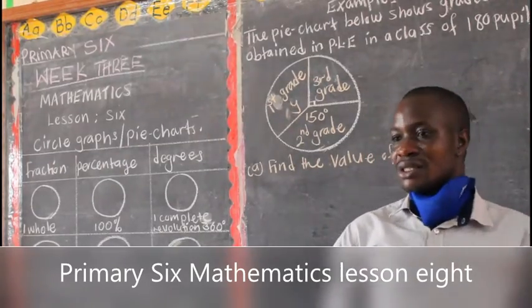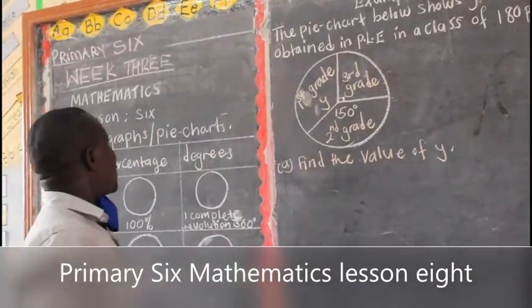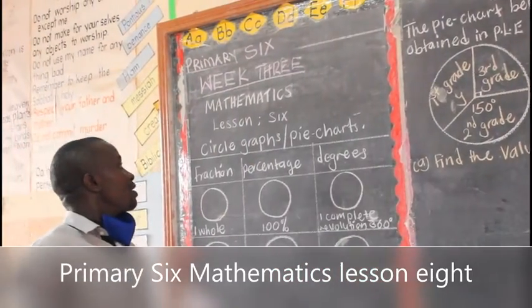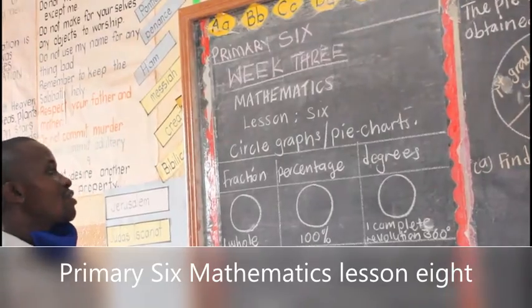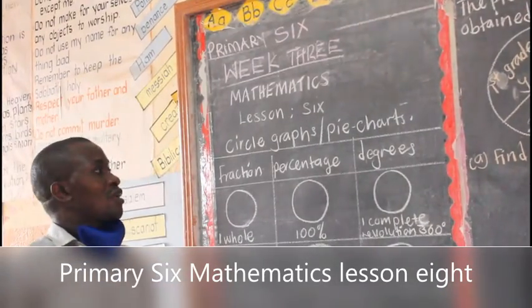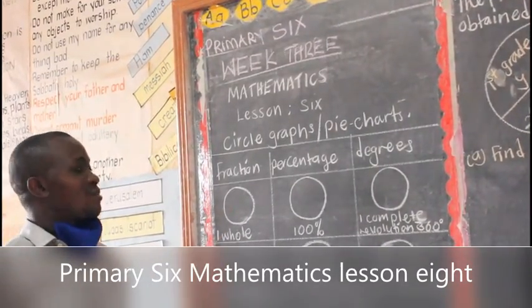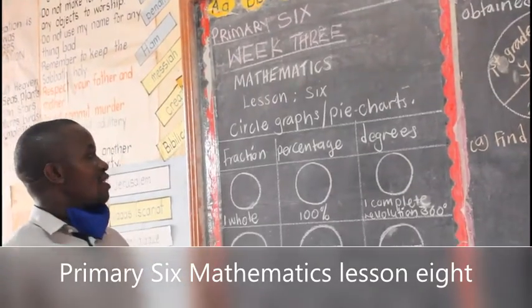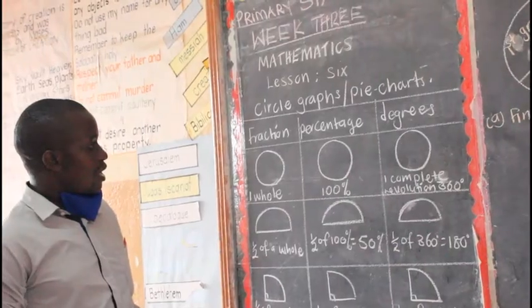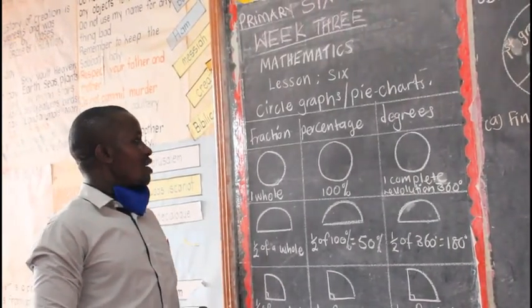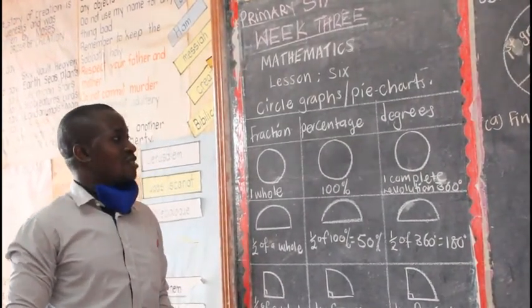So in data handling, in our lesson 6, we are going to look at circle graphs, also called pie charts. A circle graph is the same as a pie chart, and here is a diagram showing us these circle graphs.